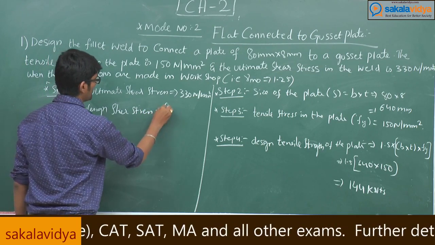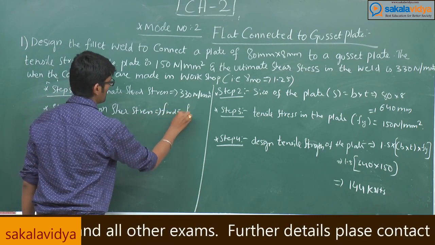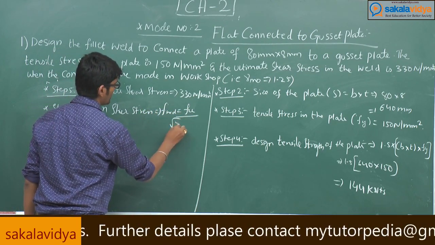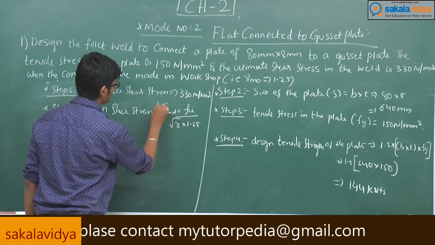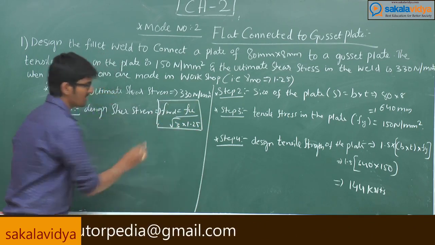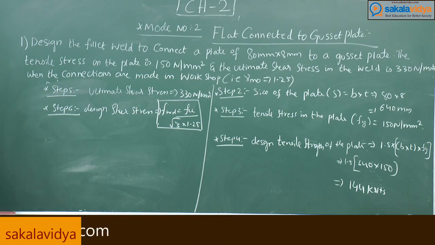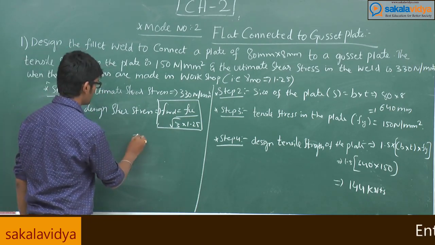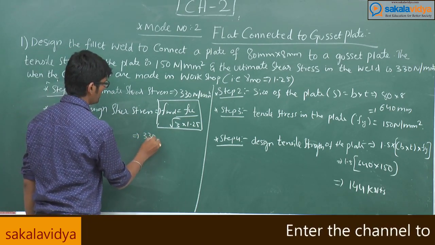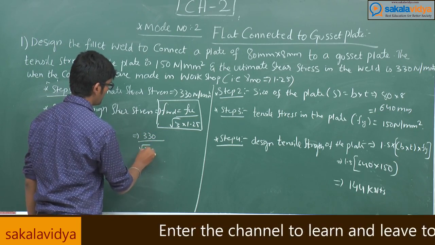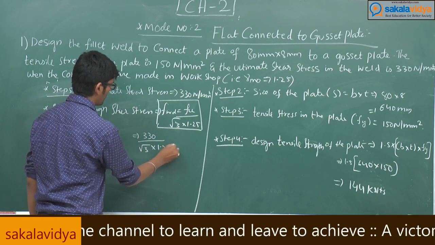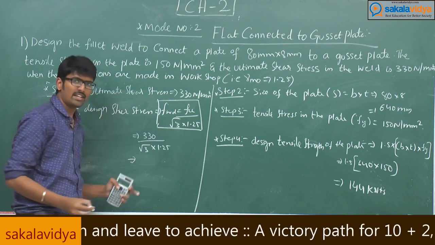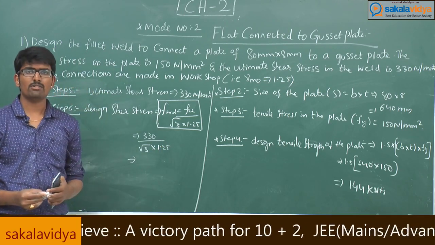That is FWD is equal to FU by root 3 into 1.25. FU is given in the question as 330, so 330 by root 3 into 1.25. Why did I take partial safety factor as 1.25?